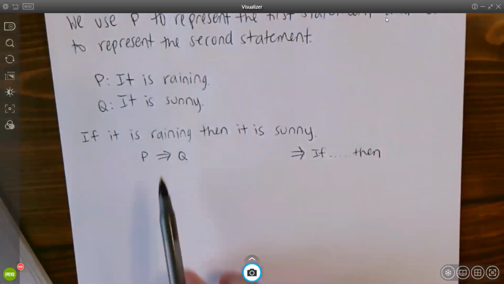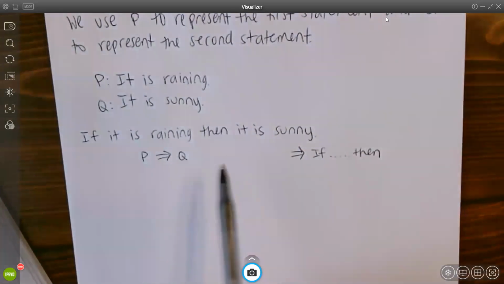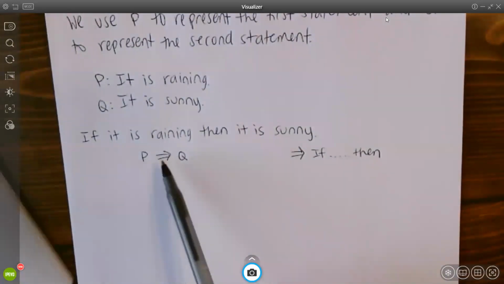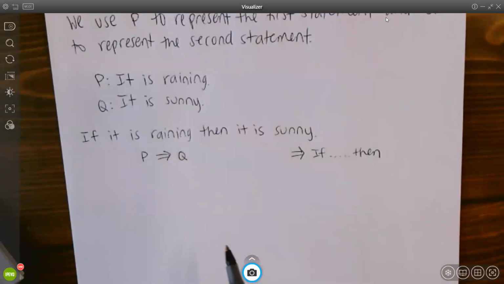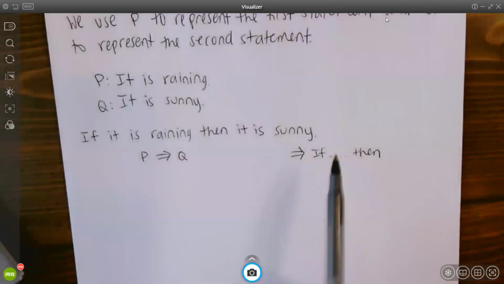This symbol is the one that you'll see the most commonly. And again, we'll talk about this in terms of truth tables when we do that next week. So again, that symbol there is really important.